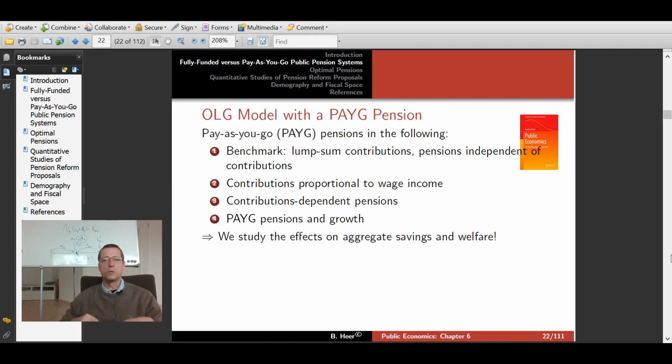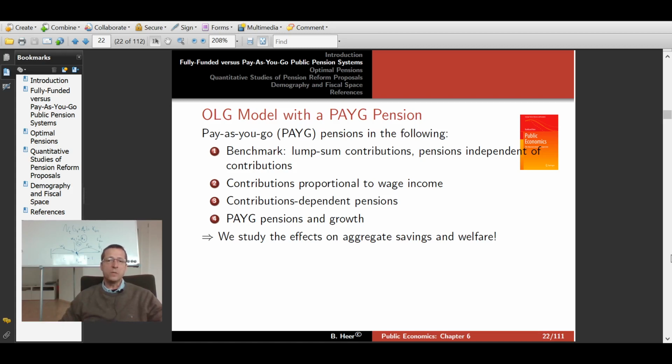Now, if we have contributions-dependent pension system, this disincentive effect on labor will be smaller, will be reduced, because we know we pay some kind of tax, but therefore also our income in the next period when we retire will go up. So this will reduce the disincentive effects, but in our model, it will not offset the disincentive effects of a tax on social security, on our labor income.